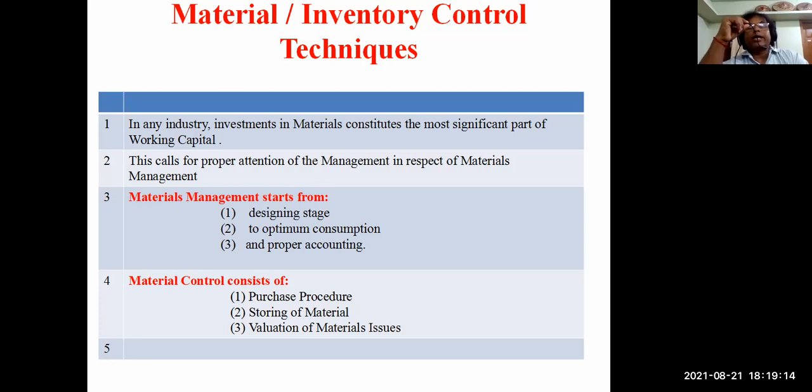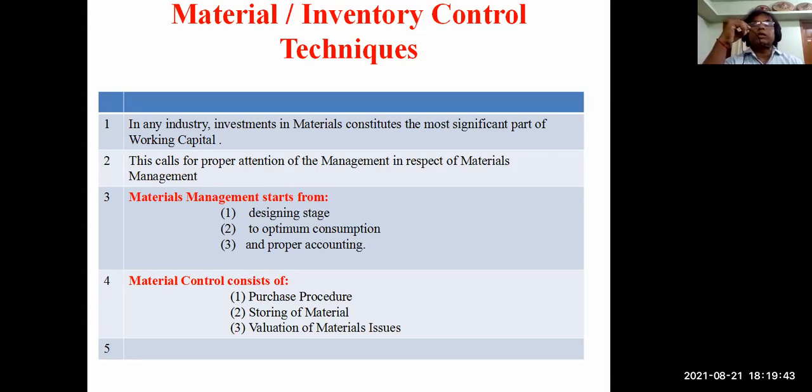But the problem is that you have purchased materials on different dates at different prices. So when you issue the material from your storehouse to the factory, different purchase prices are available to you. Which purchase price shall you take? So that is a problem.